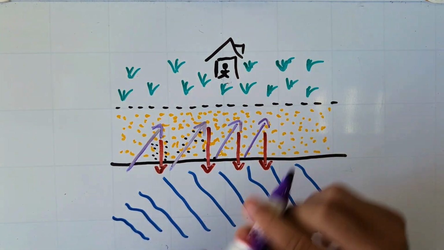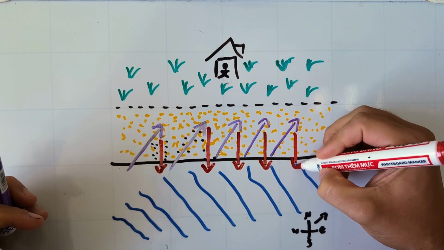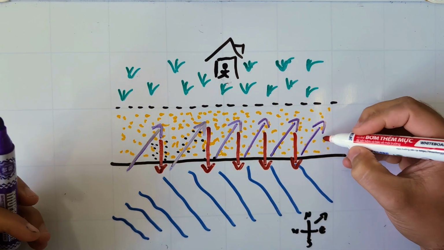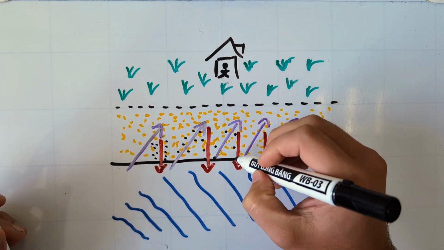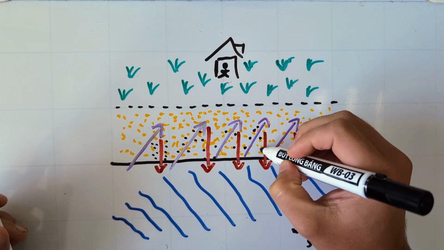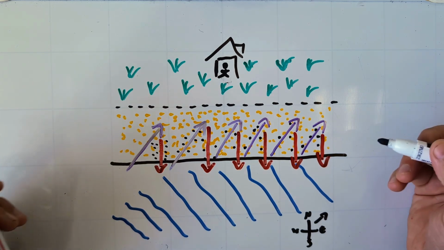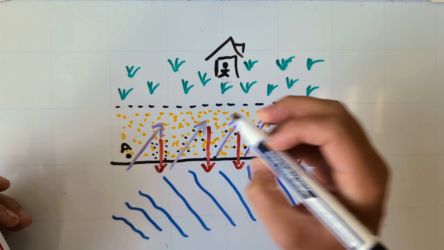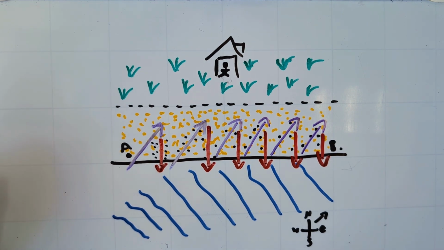And every time this happens, swash, backwash, swash, backwash, the sediments are moved, a little bit at a time, wave by wave, and then they are transported, okay? So we can see our piece of sediment has gone from A to B, okay? And that's pretty much longshore drift.